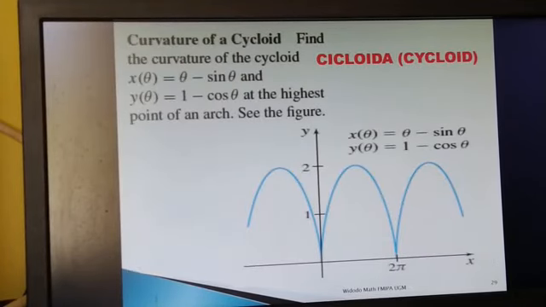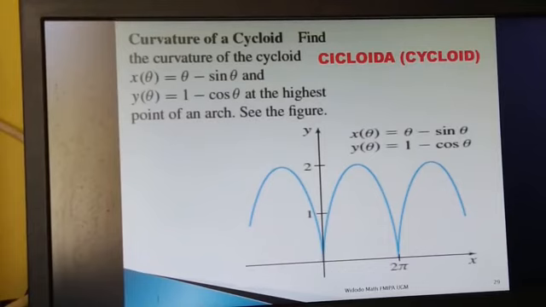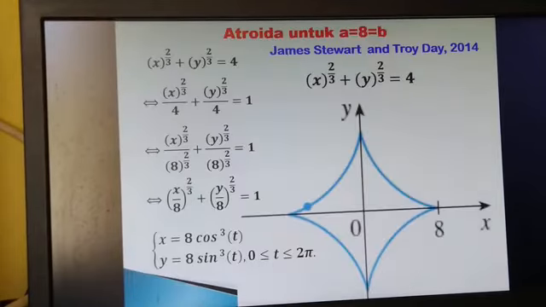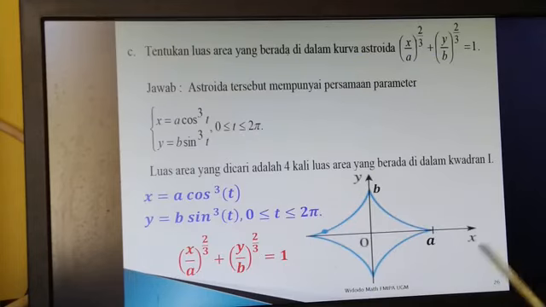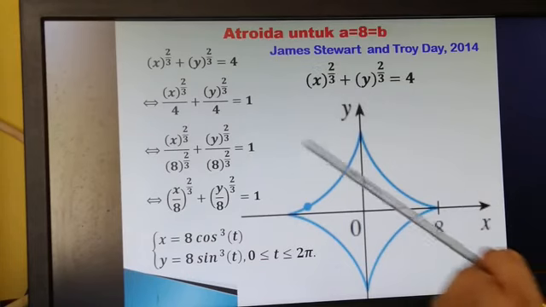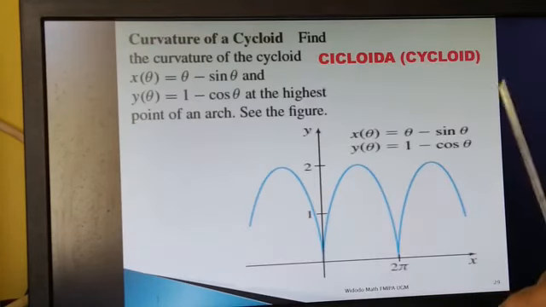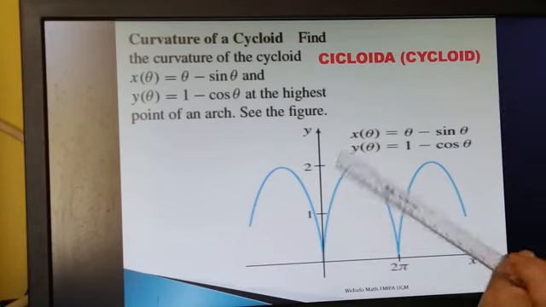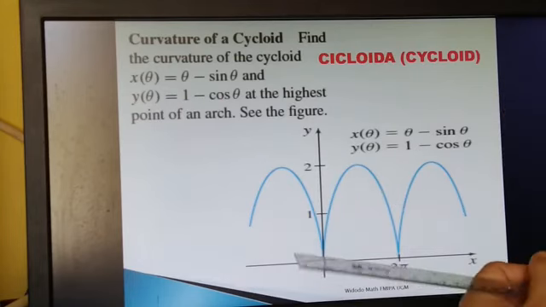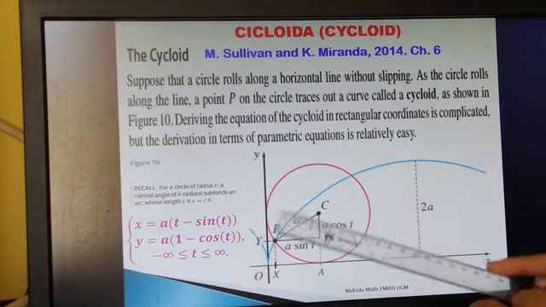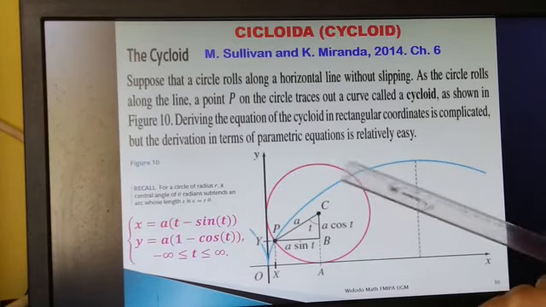From another book, I take it from another book, very famous parametric equations: first the asteroid, and secondly the cycloid. I don't want to calculate it in detail, maybe later for exercise, but the cycloid comes from the following phenomenon.